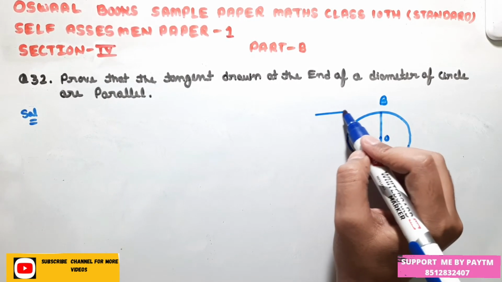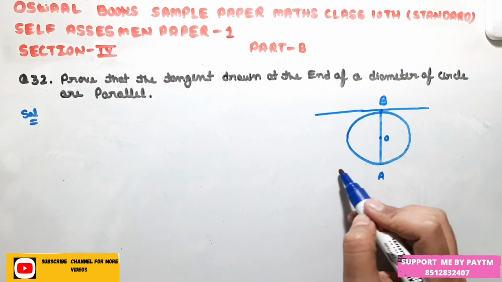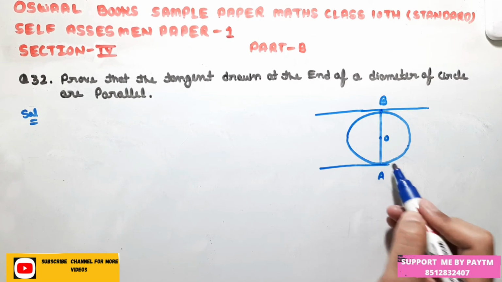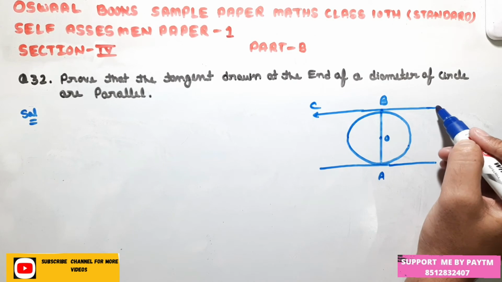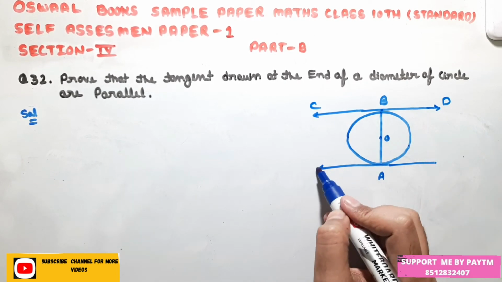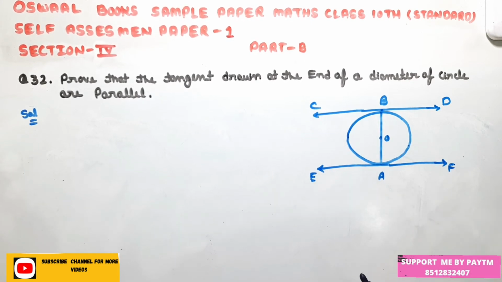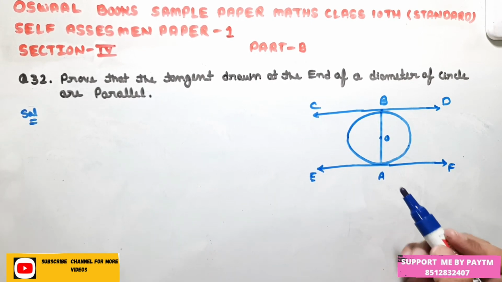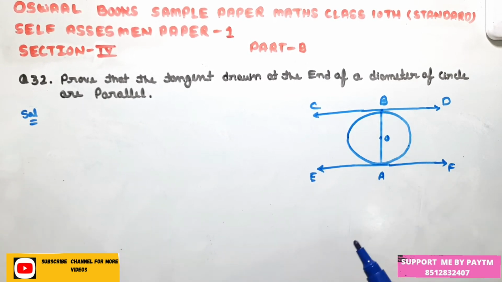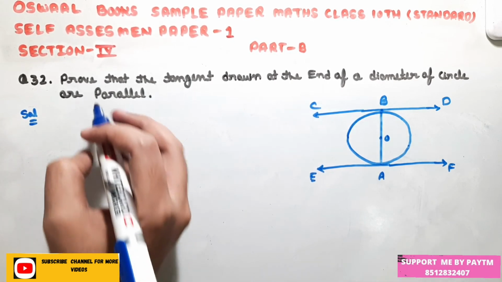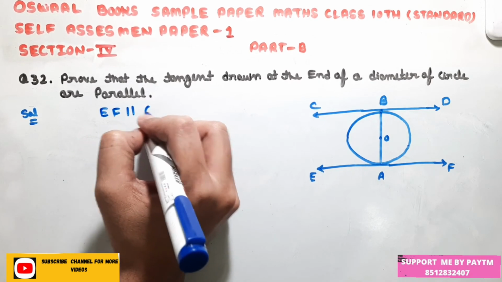Let CD and EF be two tangents touching the circle at points A and B. We have to prove tangent EF is parallel to CD.